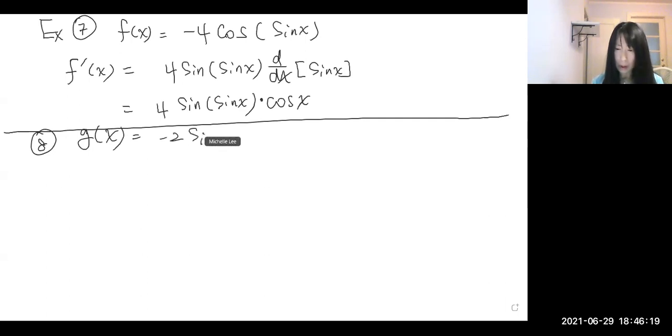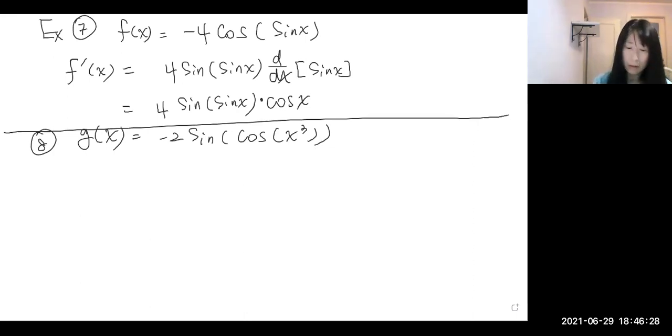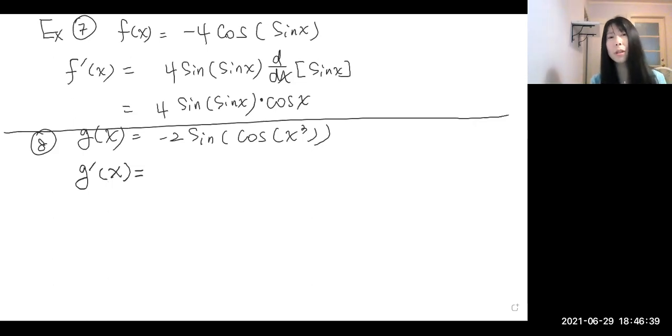Negative 2 sine of cosine of x cubed. G prime of x. So same, we take the derivative of sine, right? Sine of whatever. So what's the derivative of sine?